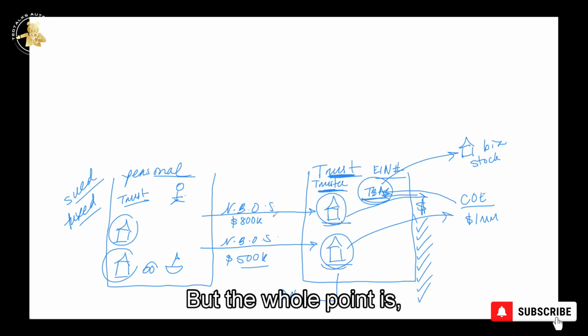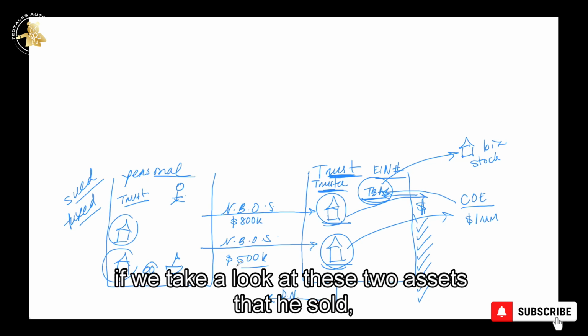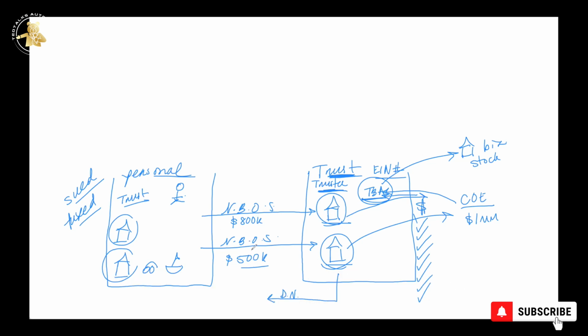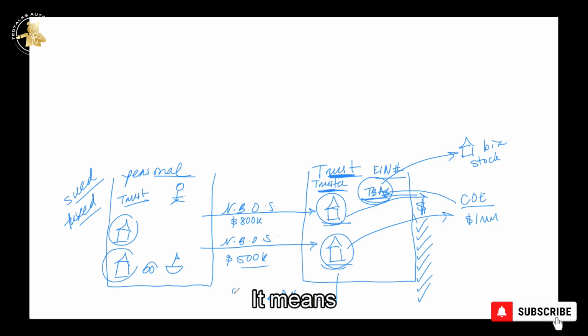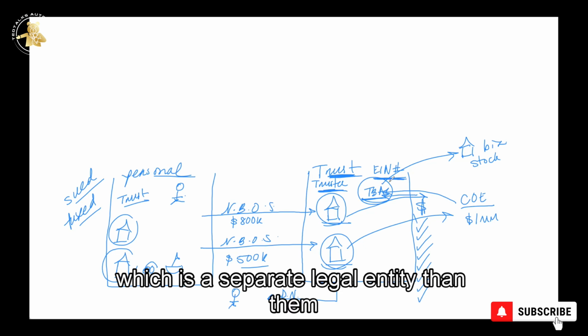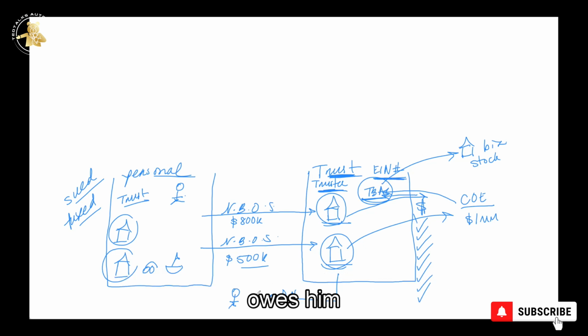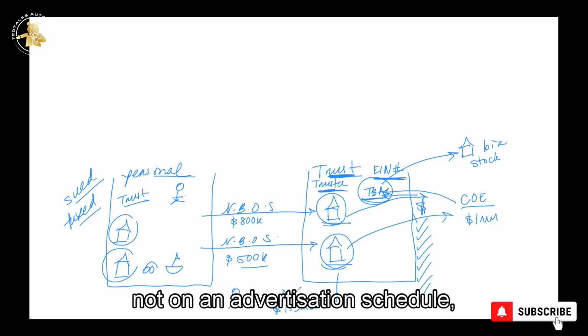But the whole point is, if we take a look at these two assets that he sold, this is $1.3 million in assets that he sold to the trust. Well, that means it produces a fancy IOU called a demand note. It means that this trust, which is a separate legal entity than them, owes him that 1.3 million on demand, not on an amortization schedule.